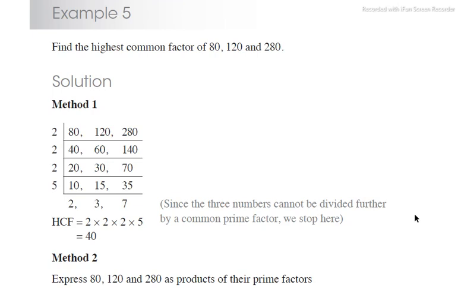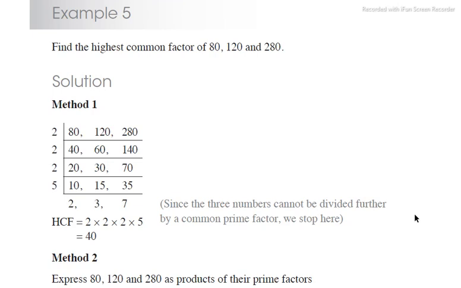It should not divide 1 or 2. It should divide all the 3 because it is a common factor. So 2 can divide all the 3 to give us 40, 60, and 140. Still a 2 can divide to give us 20, 30, and 70.